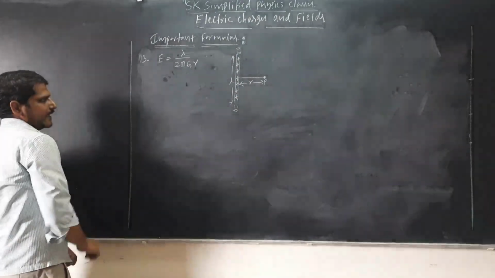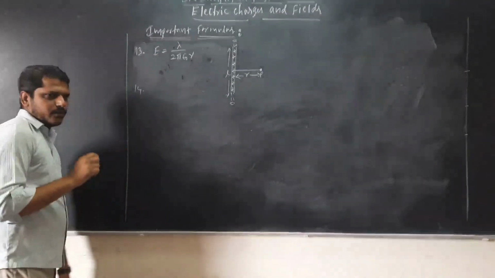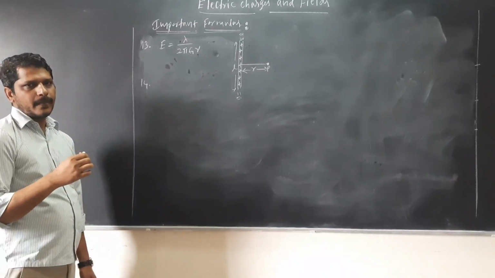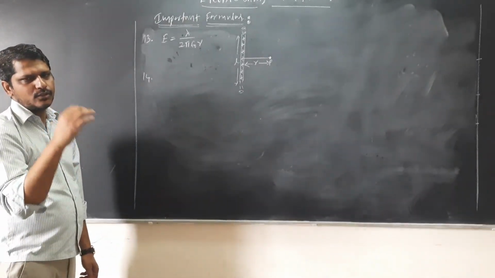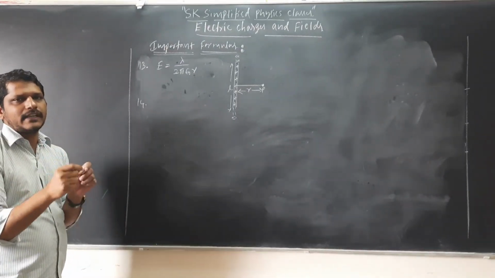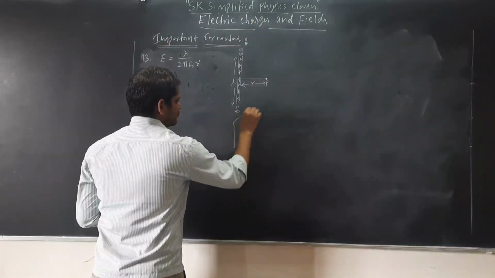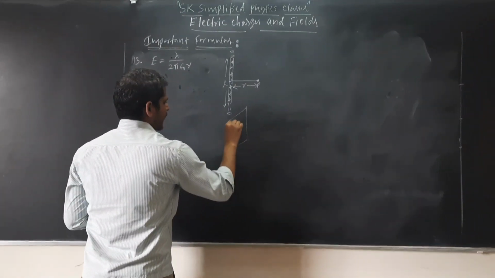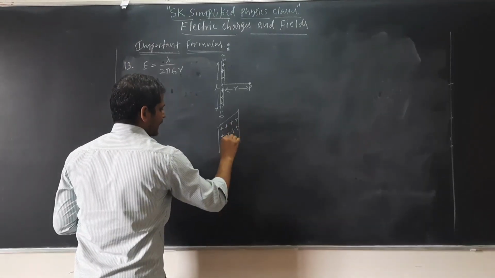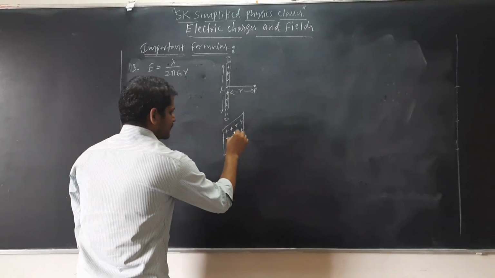Next is another application of the Gauss law: the electric field at a point due to a uniformly charged infinite sheet. We may consider a positively or negatively charged sheet.